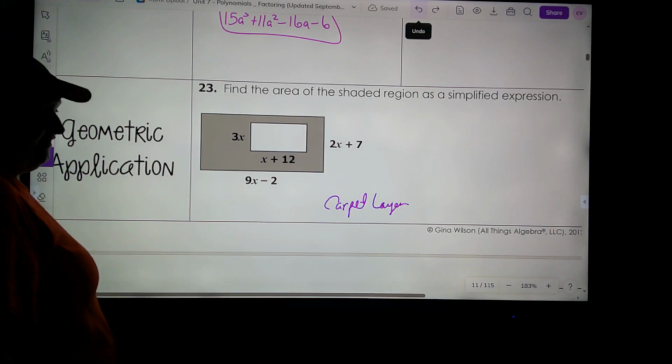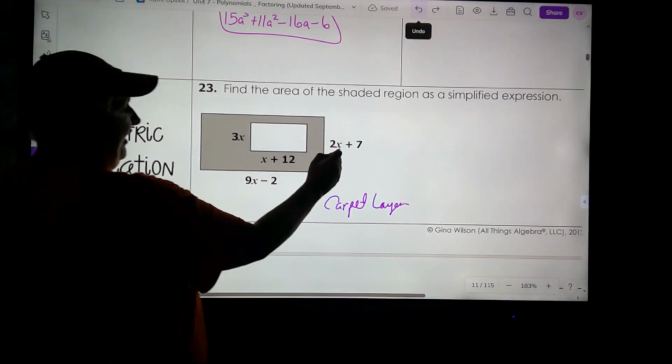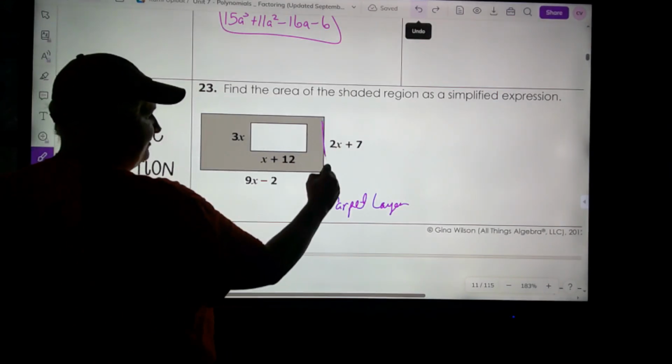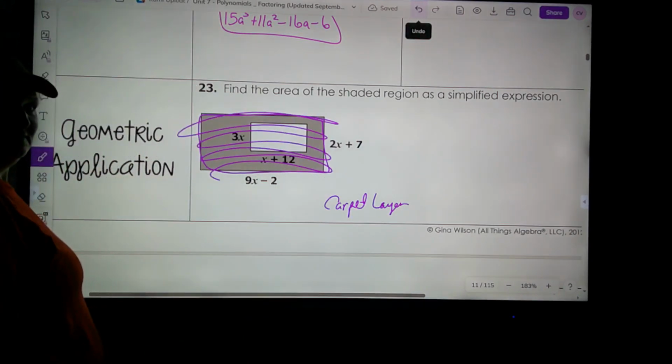You, as the carpet layer, have to pay for the carpet first. Do you buy carpet that covers this whole thing? No, because you can't get your money back, right?